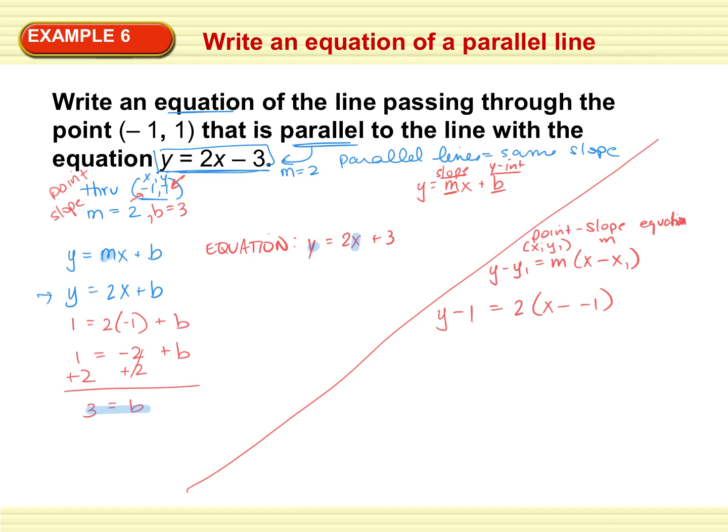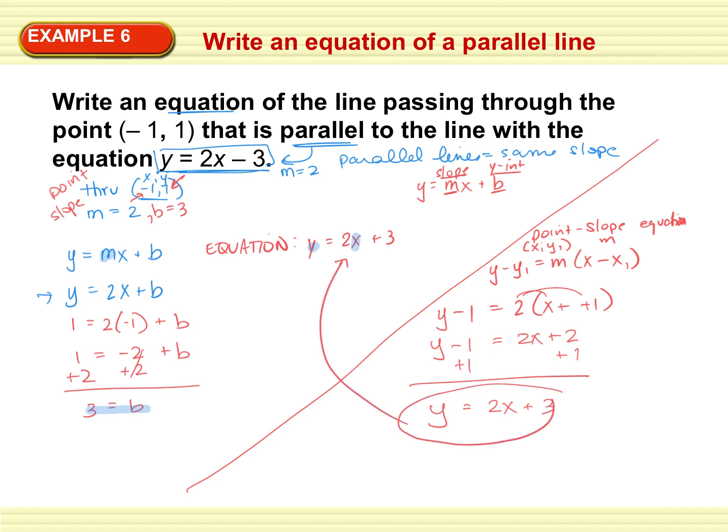Notice what happens when I clean this up. Okay, x plus 1. Now I know I'm going to distribute the 2. So 2x plus 2. And I'm going to add 1 to both sides. And notice what I get. y equals 2x plus 3. And I'm back to the same equation in slope-intercept form.